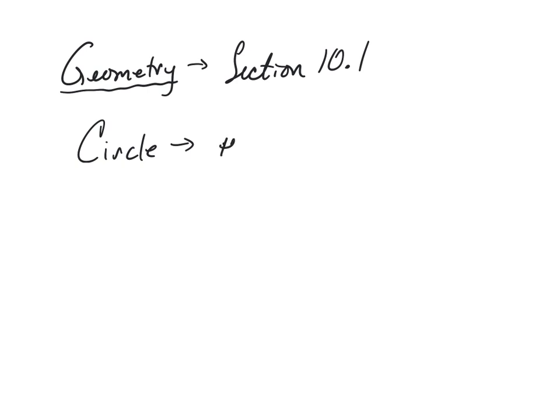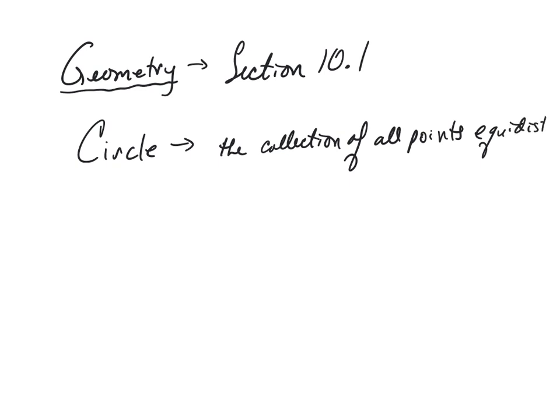A circle is the collection of all points equidistant from one fixed point.